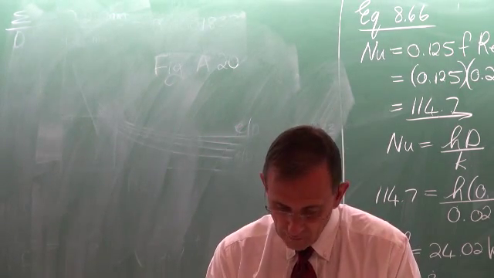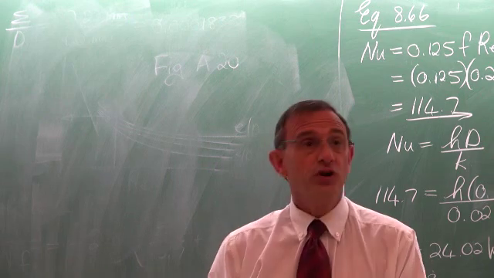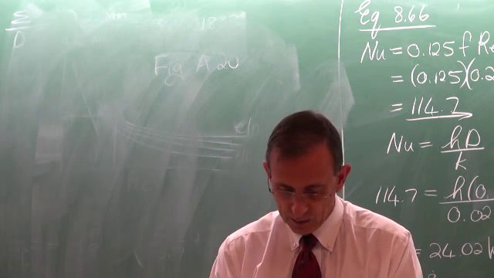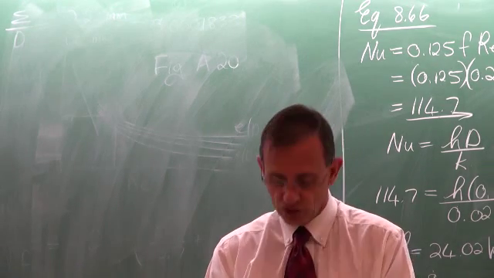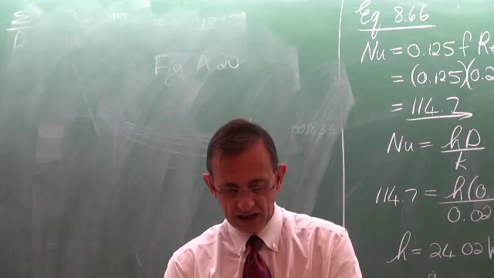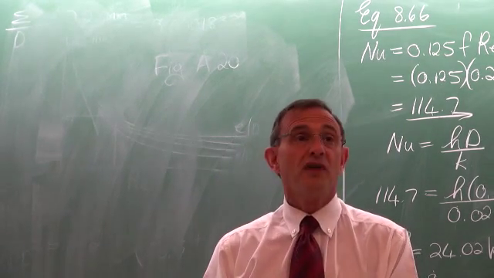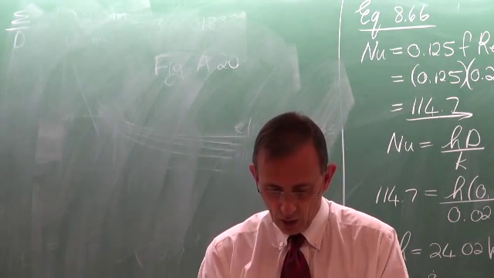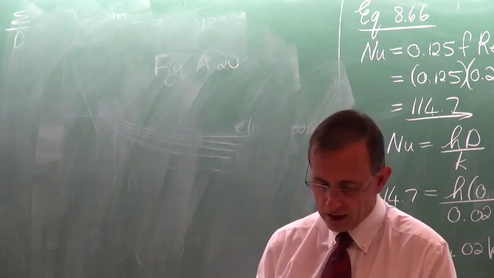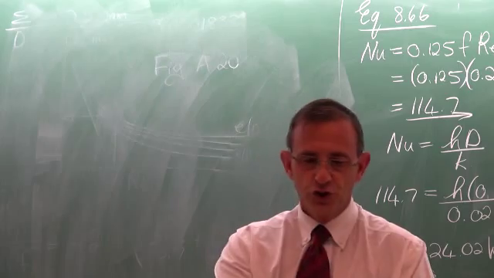Liquid water flows at a mass flow rate of 0.05 kilograms per second through the annulus with the inlet and outlet mean temperatures of 20 and 80 degrees Celsius respectively. The inner tube wall is maintained with a constant surface temperature of 120 degrees Celsius while the outer tube surface is insulated. Determine the length of the concentric annulus tube.